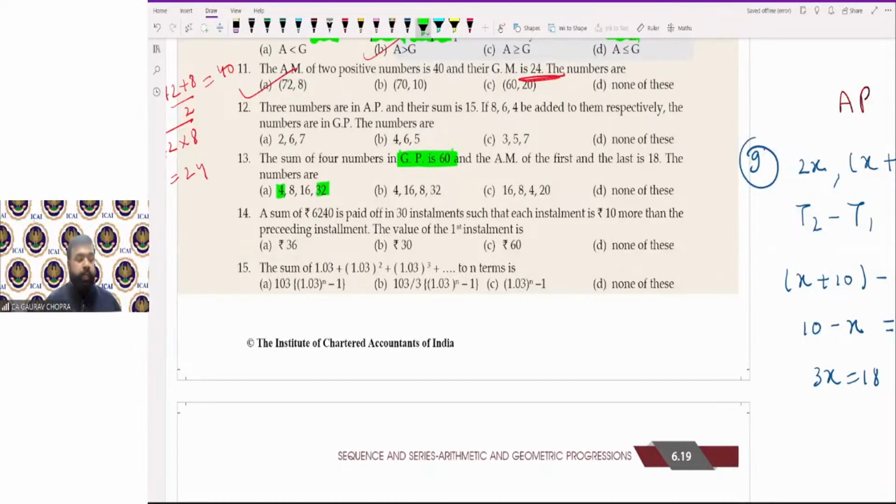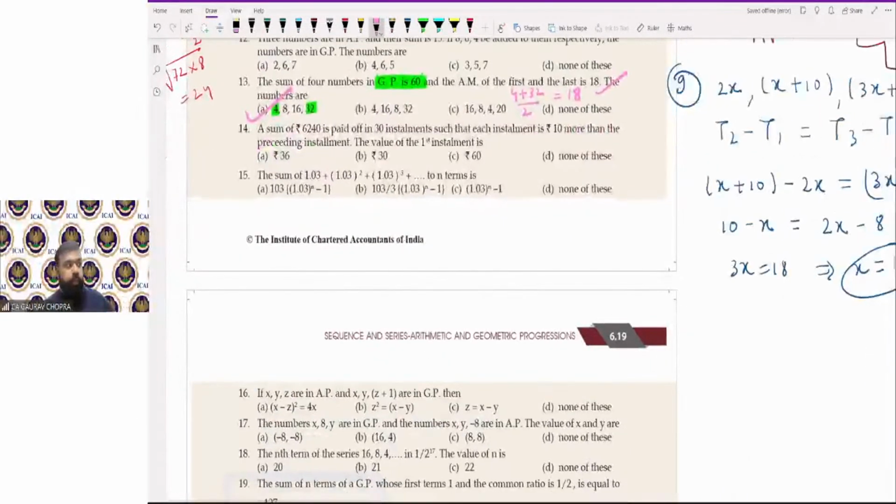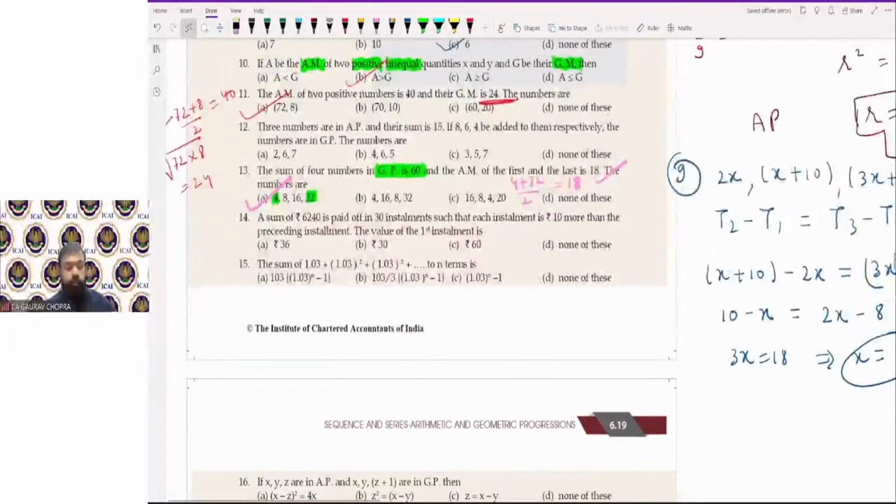So 4 plus 32 upon 2. Yes, you are getting 18. So this condition is also verified. So therefore option number A is correct, because all the conditions have matched.